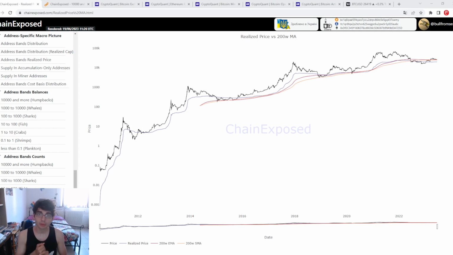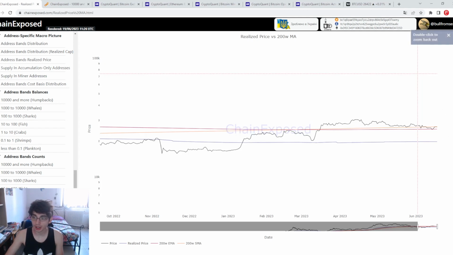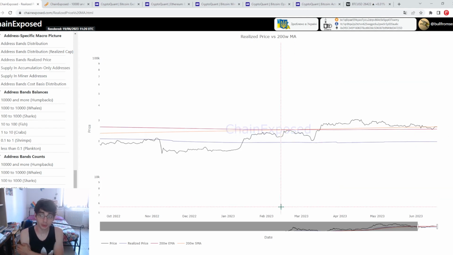So let's see what we've got today. Let's start with the realized price versus the 200 weekly EMA. This is the chart I usually watch to see if we are in a zone where we can invest for the long term, or anyway where we can say that we are on the way to the top, into the seed of a new bull market, as I already said.